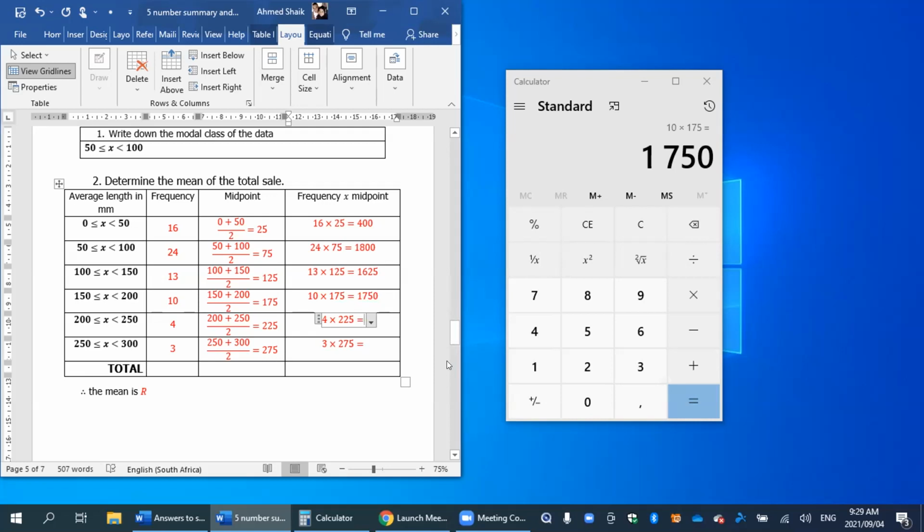Our fifth frequency times midpoint, it's 4 times 225, and that equals 900. And our last interval is 3 times 275, and that equals 825.